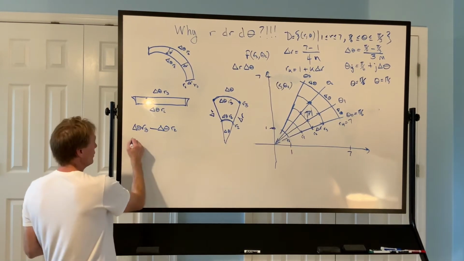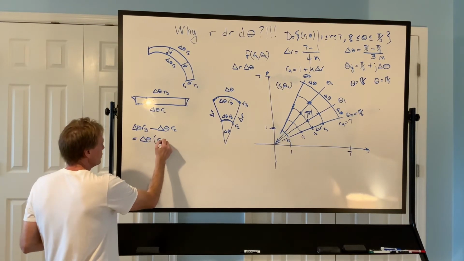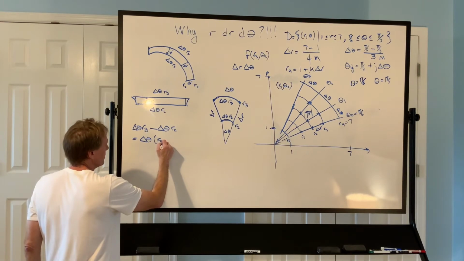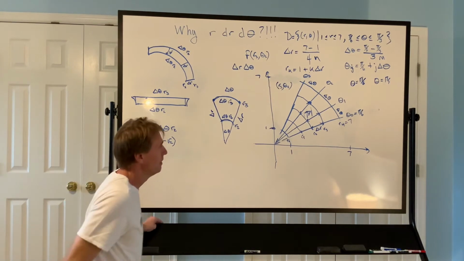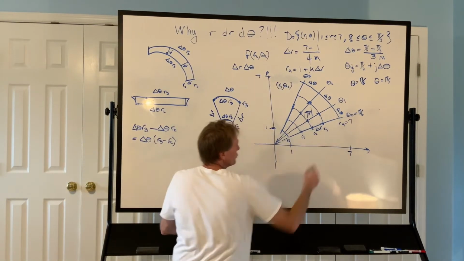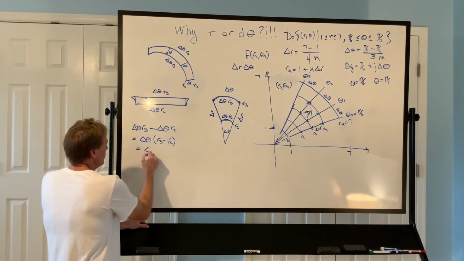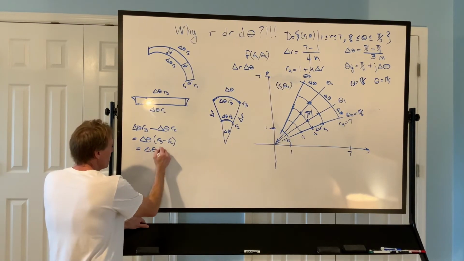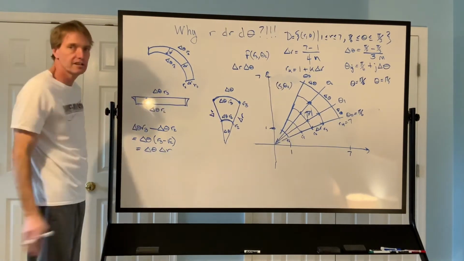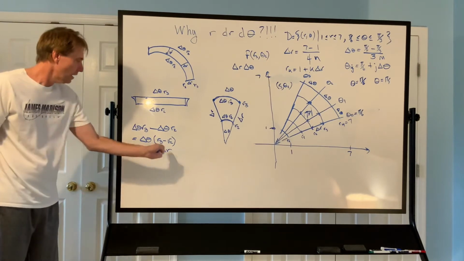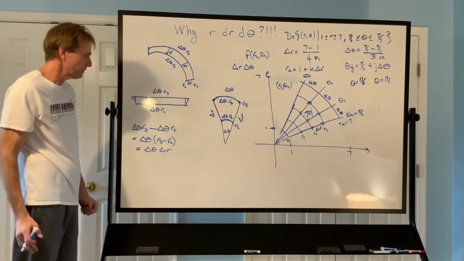And you're like, Dr. Warren, algebraically, you can pull out that delta theta, and you're just left with r3 minus r2. But the distance between r2 and r3 is just delta r. So we see that the distance between each of these is a delta theta delta r. The distance between these is a delta theta delta r.